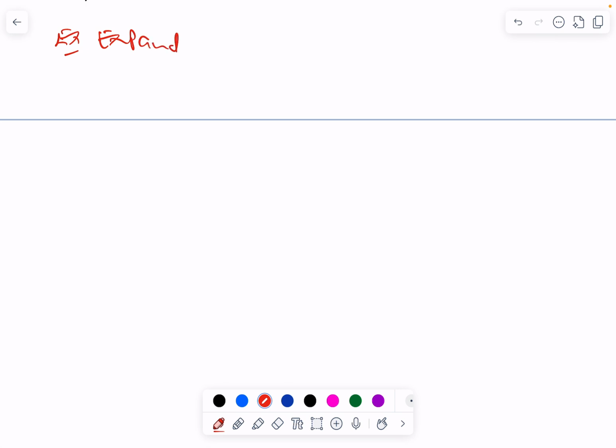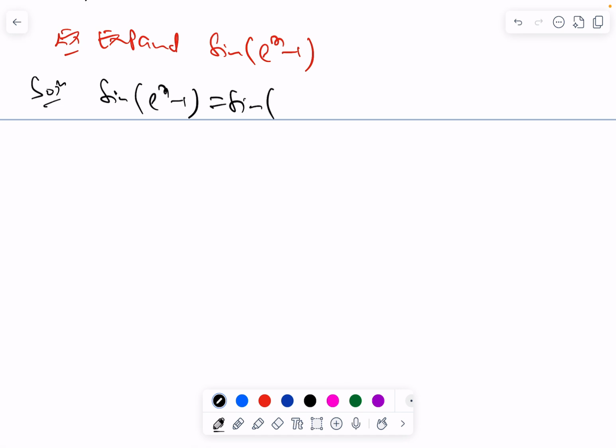Expand sine of e power x minus 1. Now sine of e power x minus 1 is nothing but sine of, now the e power x series is 1 plus x plus x square by factorial 2, x cube by factorial 3 and so on, and minus 1.